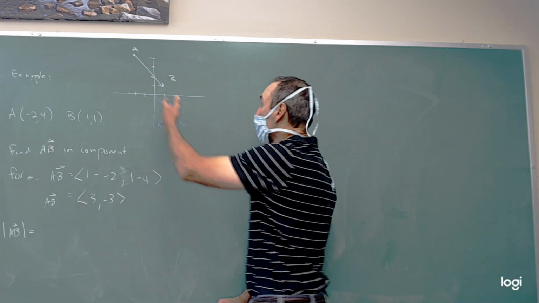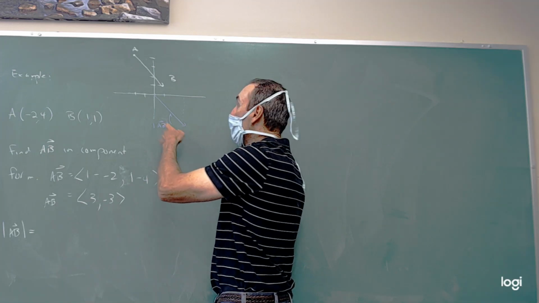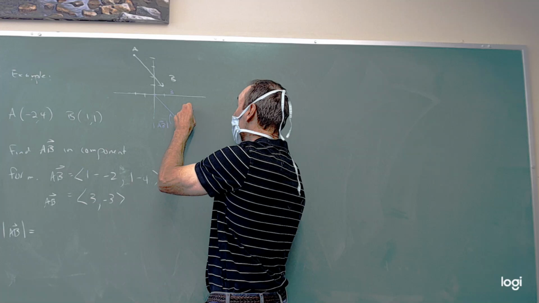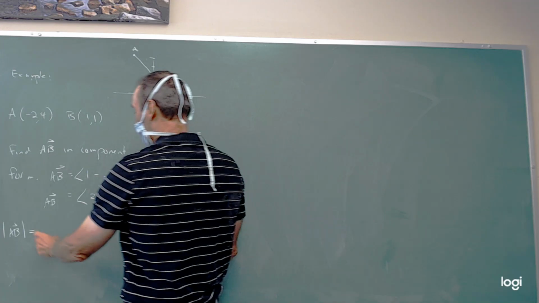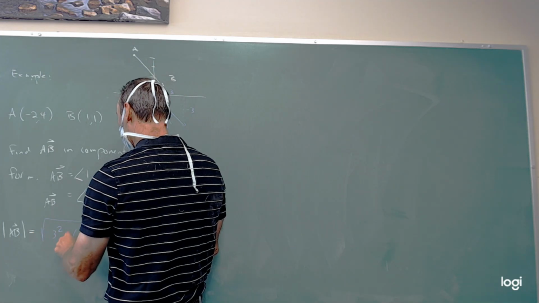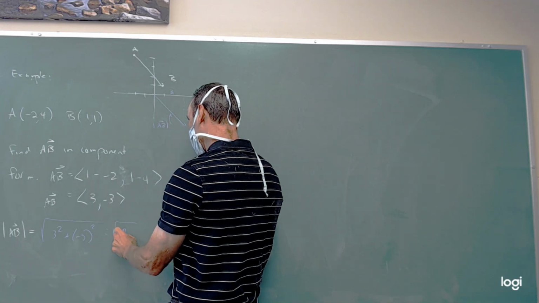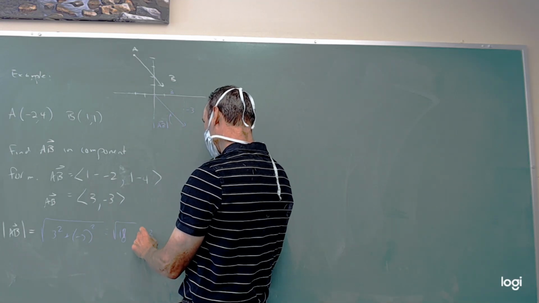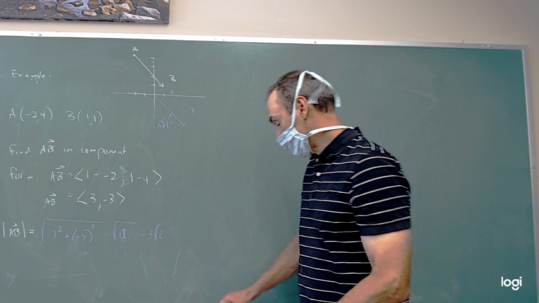And that is just the hypotenuse of the right triangle. So here's your side 3, and that's the -3. And so that magnitude is going to be the square root of 3 squared plus -3 squared. And we get to the magnitude. Is that okay?